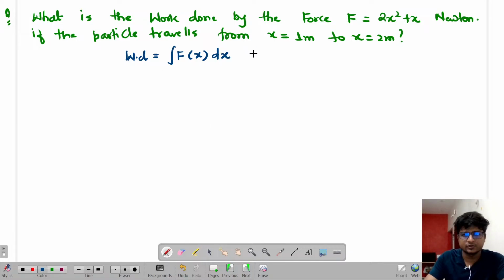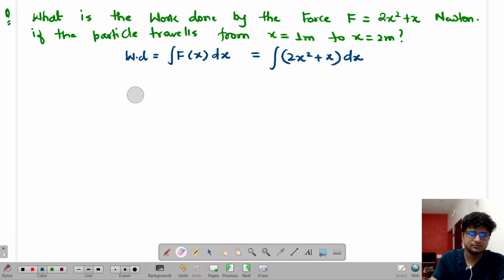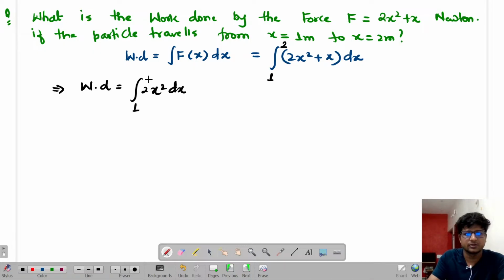So if I put this value, integral of 2x square plus x dx. As there are two terms, I will write it separately. The x is from 1 to 2 meter, so I'll put the limits. Then I'll do the integration of 2x square dx from 1 to 2 plus integral of x dx from 1 to 2.